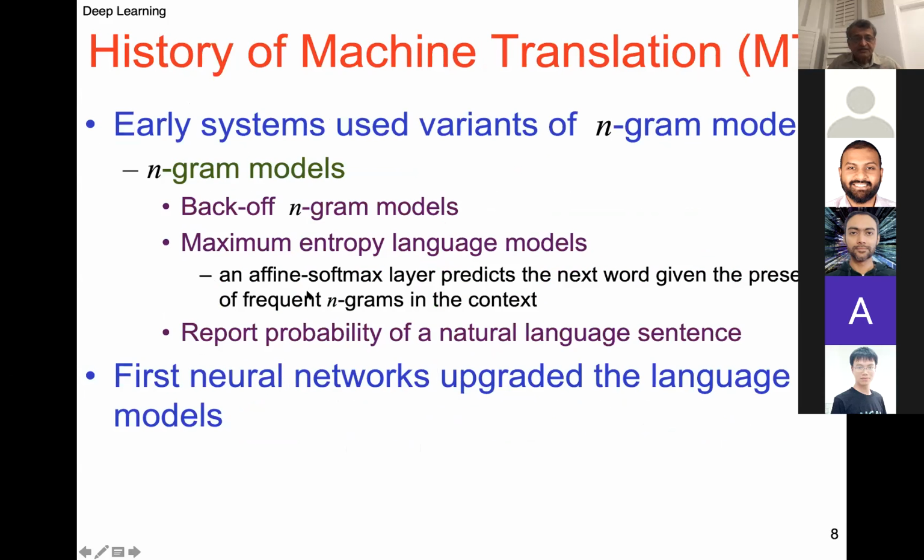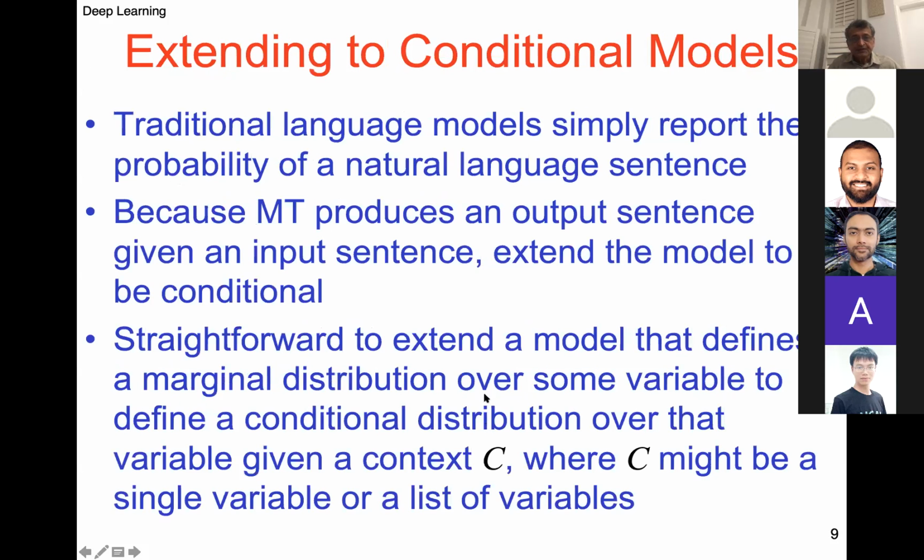So, history of machine translation: early systems used variants of n-gram models with back-off, and maximum entropy models, and reported the probability of a natural language sentence. The first neural networks upgraded the language models and extended them to conditional models. Traditional language models simply report the probability of a natural language sentence.